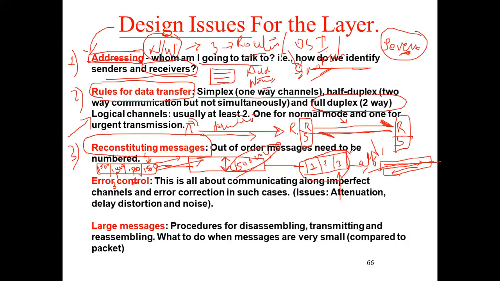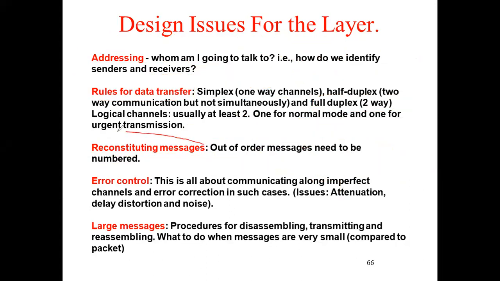Okay. So what I was saying is that let me explain this one, the third point, right? We need to reconstruct the message. Why is it needed? Because large messages could not be delivered in that fixed length tunnel, which has some limit, right?